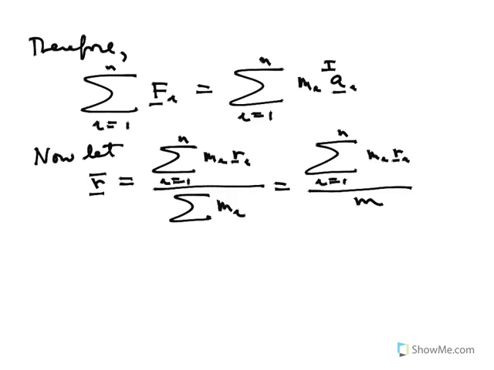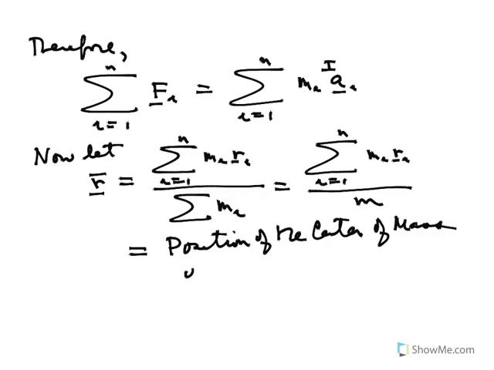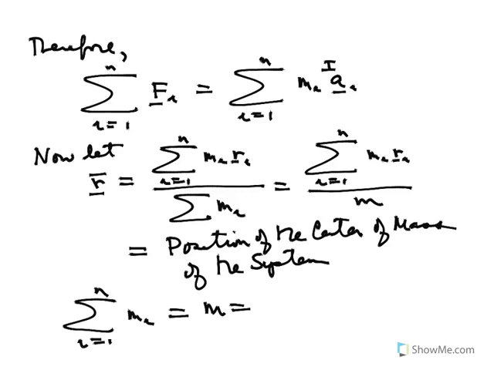And this quantity is what's called the position of the center of mass of the system, and the summation of mi from i equals 1 to n is equal to m, which is what's called the total mass of the system.